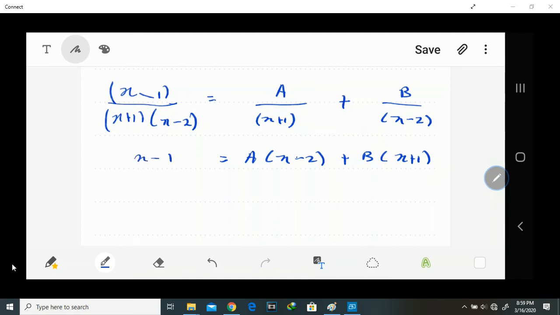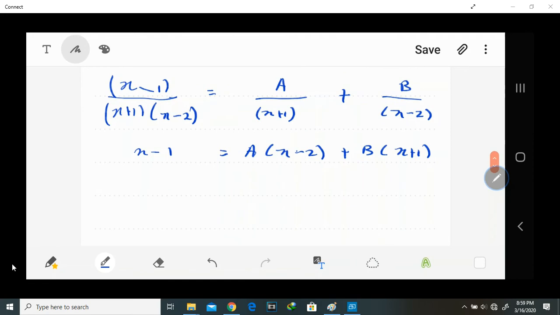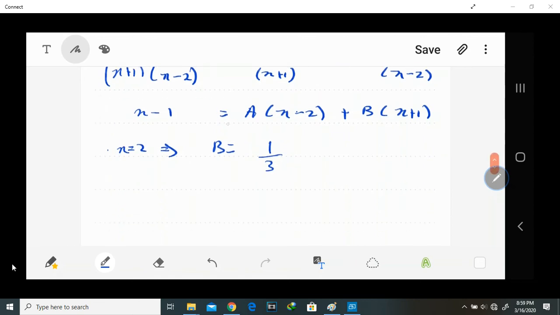So here too, if you put x equals 2, you get B as 1 over 3, and when you put x equals minus 1, you get A as 2 over 3.